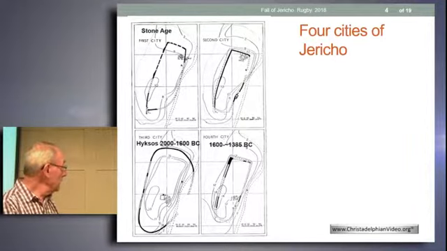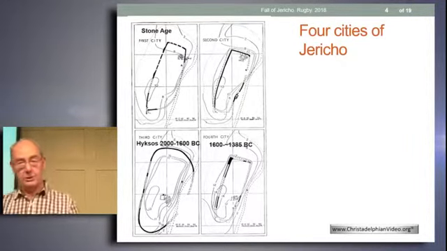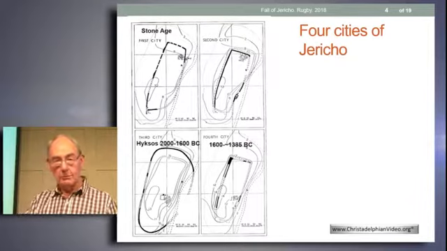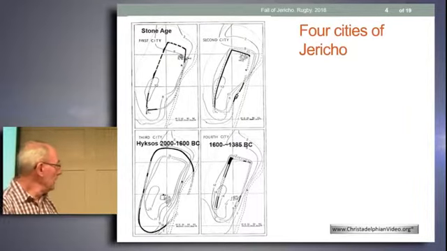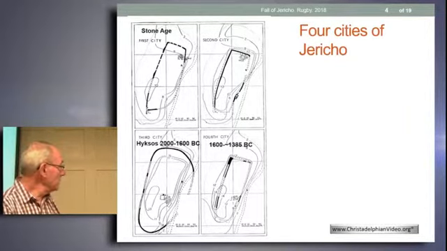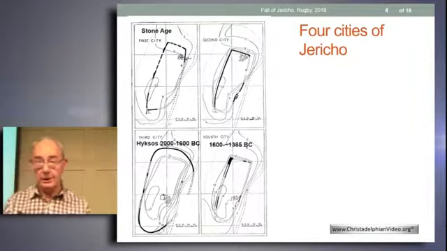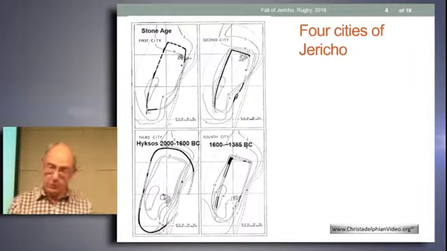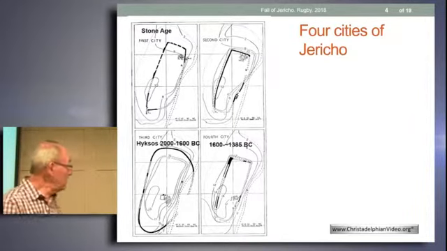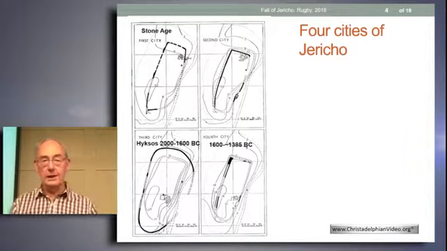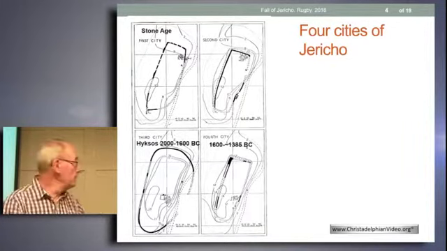And then we get to the 4th city, which is the city which Joshua destroyed, and that's the estimated date that the 4th city applied. It was slightly smaller than the 3rd city, as we see, and we'll talk about it in a minute. So those are the 4 cities, and these were discovered by John Garstang and his son.